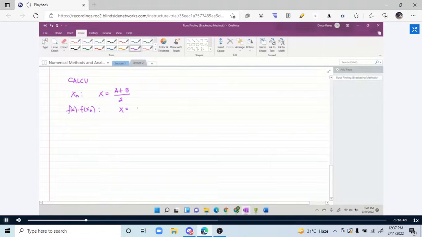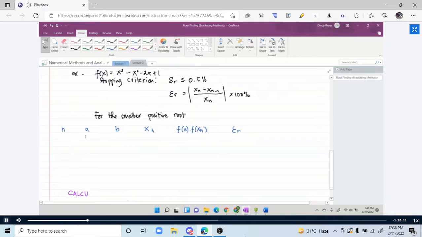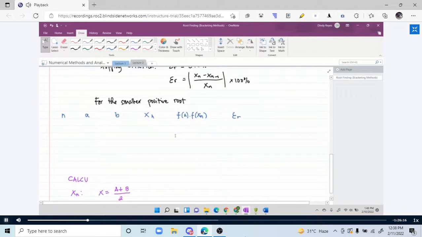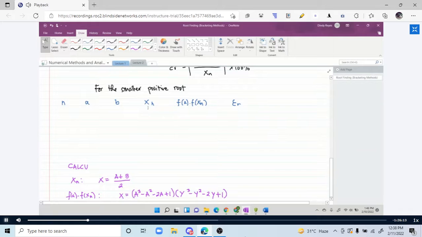But this time using the variable a cubed minus a squared minus 2a plus 1 times, we can use the variable y there, y cubed minus y squared minus 2y plus 1. Later on, the value of a here would be whatever a is in our computations, and the value of y will be whatever x sub n is here.